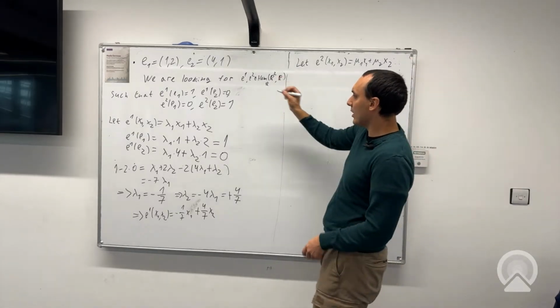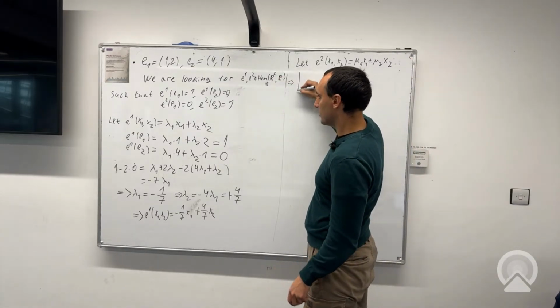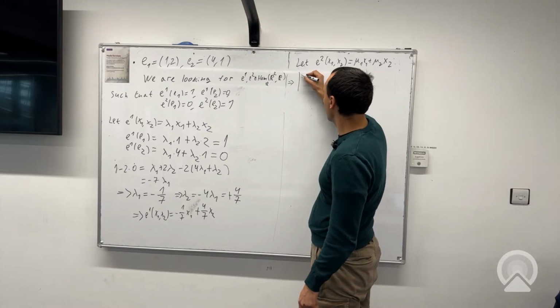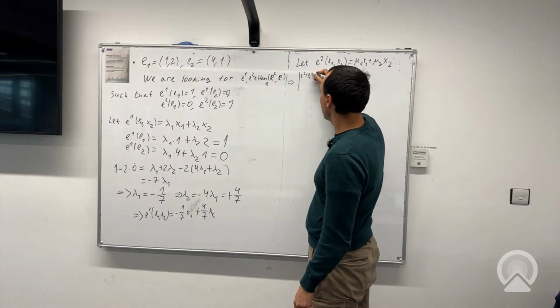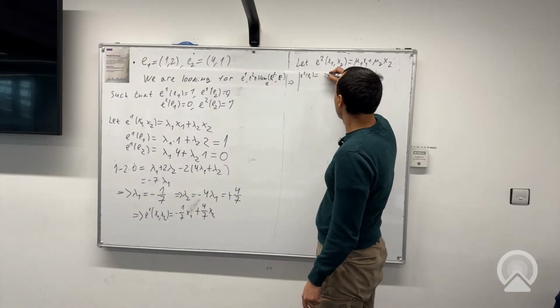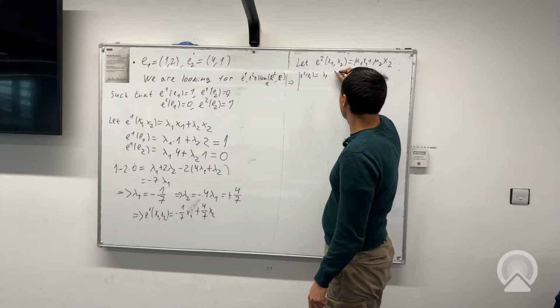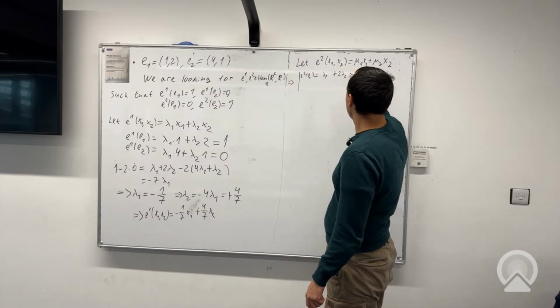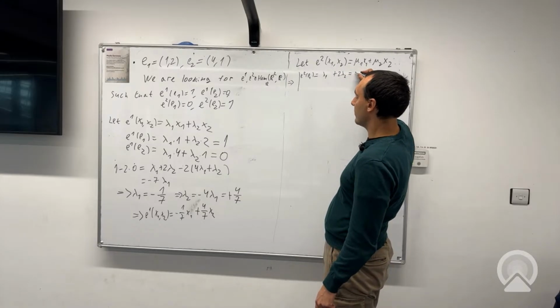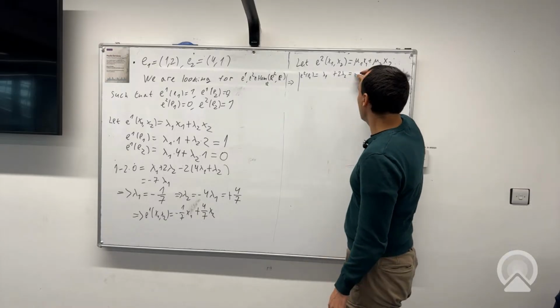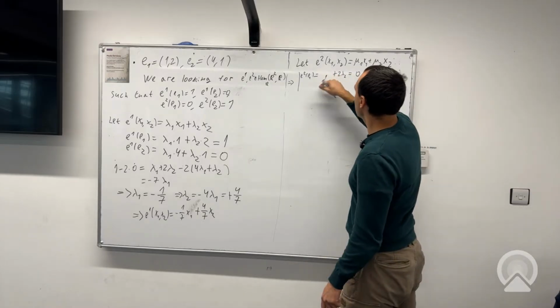And then with a similar argument, we get the following system. e^2(e1) is mu1 plus 2 times mu2 equals 0. Sorry, this is mu.